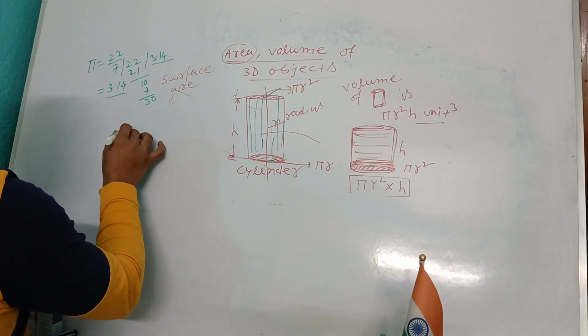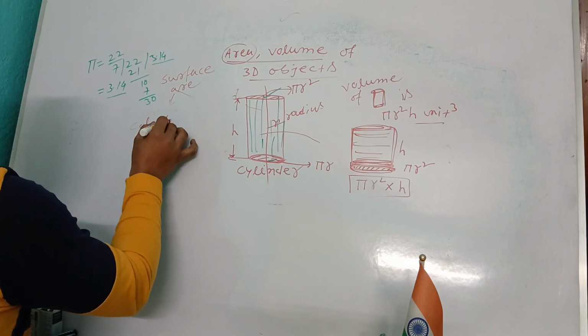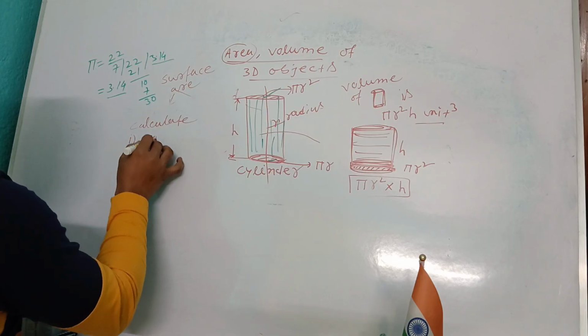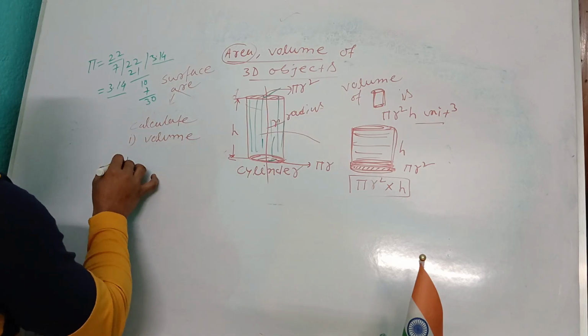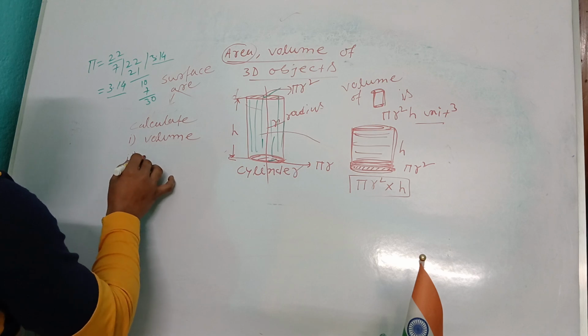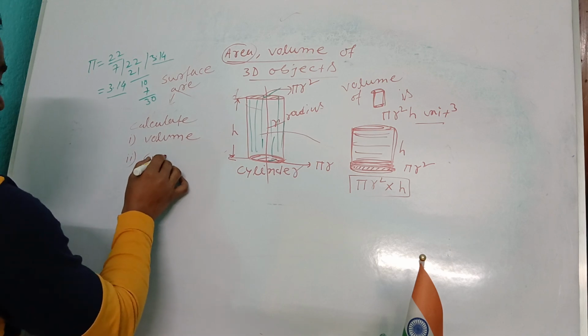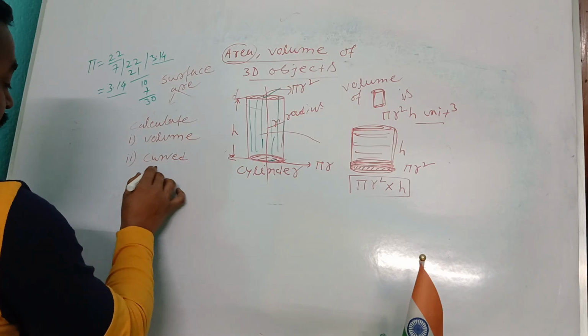So write it. Number one, calculate the volume. Number two, curved surface area.